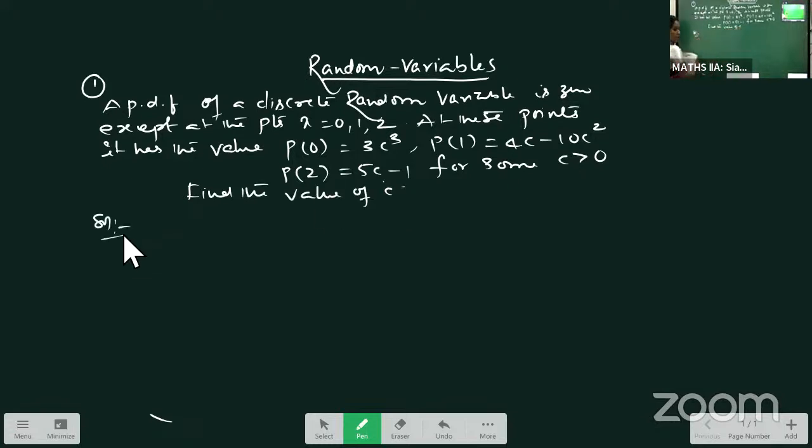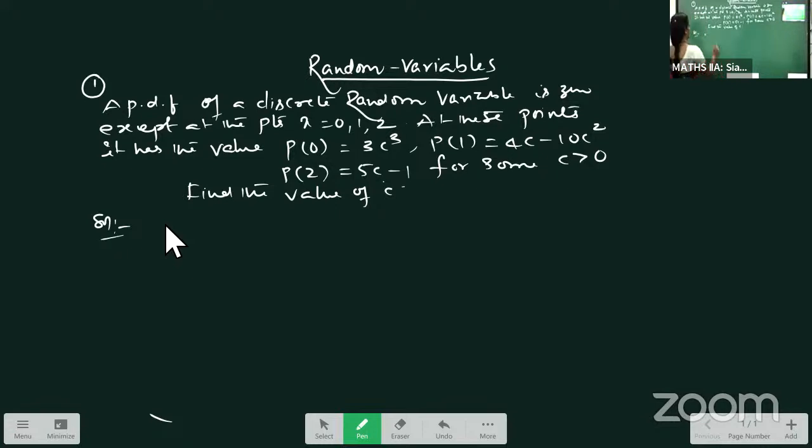Solution. So the question is very big, but don't think much about that. Just yesterday I told you that the first point of the random variable, sum of the probability is always equal to 1. In random variables, the heart of that chapter is that the sum of the probability is equal to 1. Remember that point.